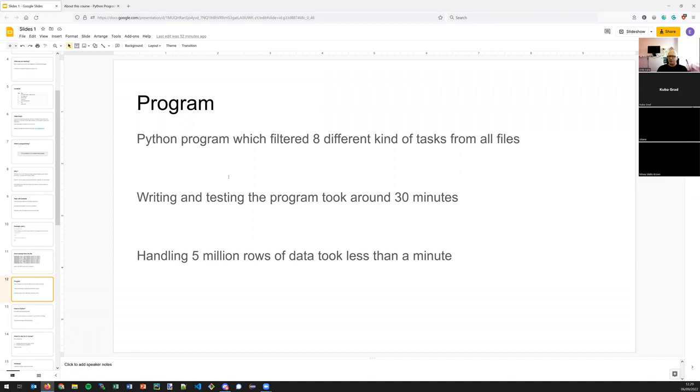So after completing the introduction to programming, you should be able to write a program that performs this kind of task. You probably won't be filtering any learning analytics data or mathematics data. But you are probably going to do something similar at some point, whether it's for your thesis or research or whatever.